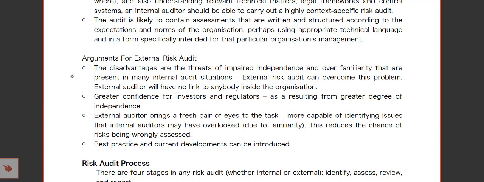Normally, we argue that an external risk audit is more objective, because the people coming in to assess the risk are outsiders. And because they are more objective, they normally give investors a greater sense of confidence. They will feel that the risks are properly addressed.